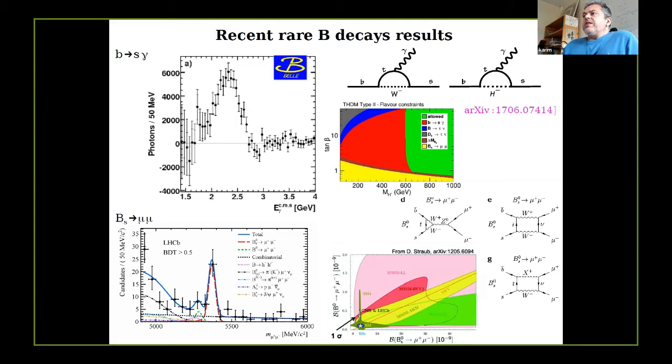This was the strength of a B factory, to be almost as efficient with modes with a neutral in the final state as with modes with charged tracks.